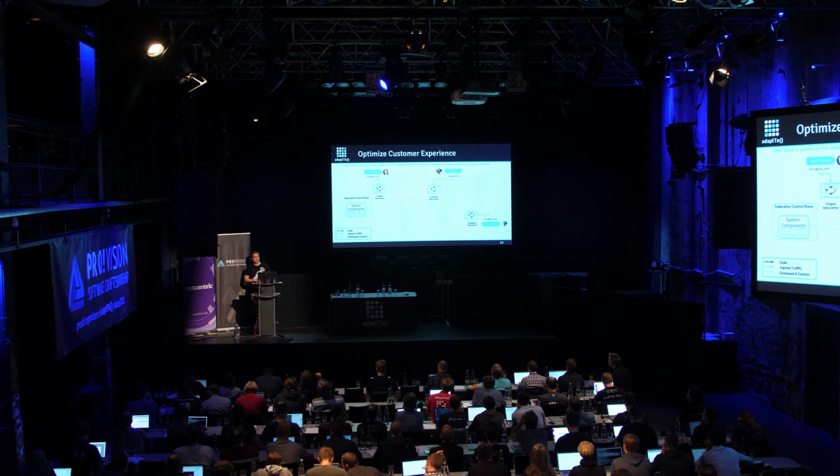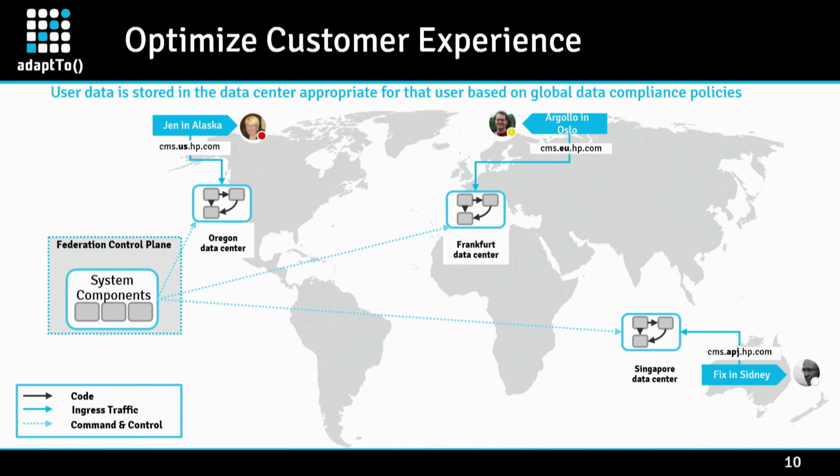I will go into details about the customer experience here, how a user of our system actually interacts with it. When a user signs up to an HP application or service, their data will get stored in the data center that's appropriate based on global data compliance policies.